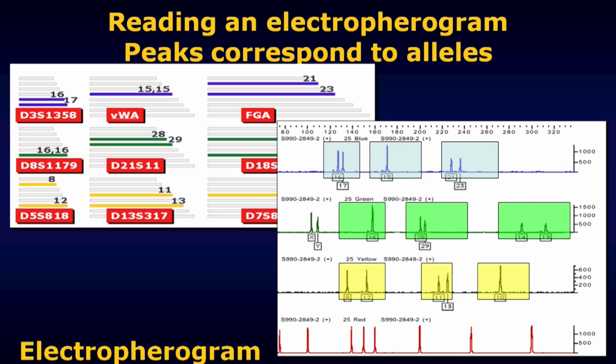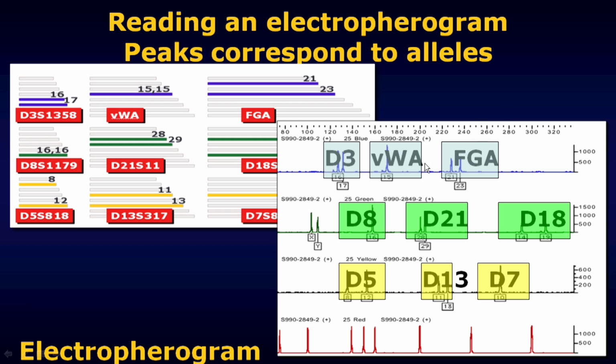And within each of the first 3 colors, the blue, the green, and the yellow, you can see there are actually clusters of peaks: 3 in blue, 3 in green, 3 in yellow. These correspond to the fragments of DNA that have been amplified from specific loci that are part of this particular test. And each of those loci has a name.